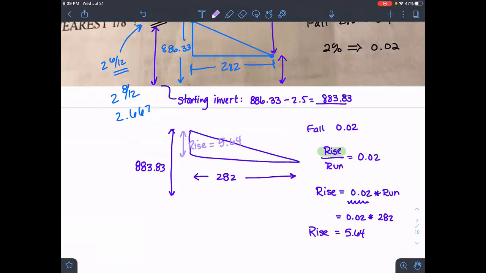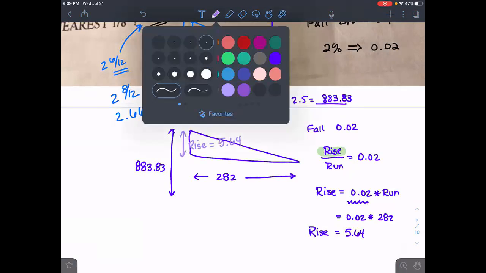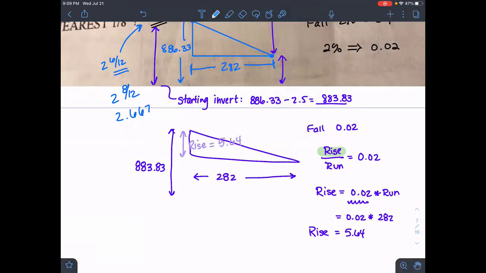So after this, it's exactly like the previous problem. You get your starting invert, you get the rise of that invert, and then you can figure out this difference here.